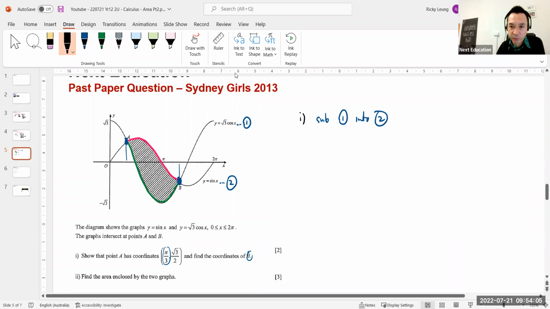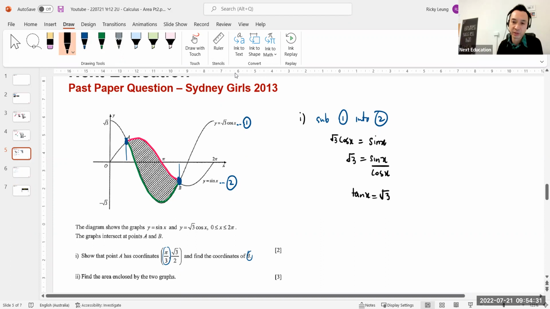And we get root 3 cos x equals sine x, which is good. Divide the cos below the sine. Let's do it in 2 steps. Show working out: root 3, divide the cos then. All right, pretty straightforward. That's tan x equals root 3.